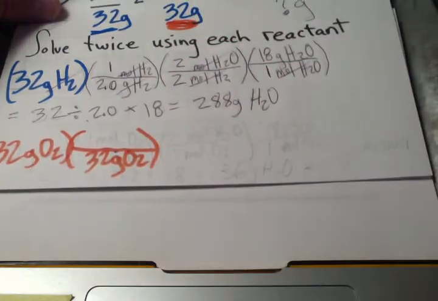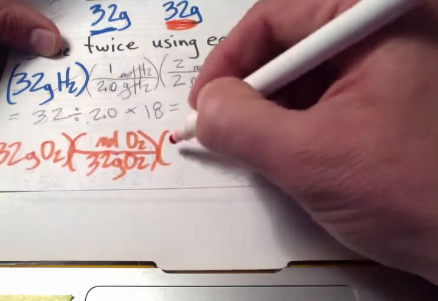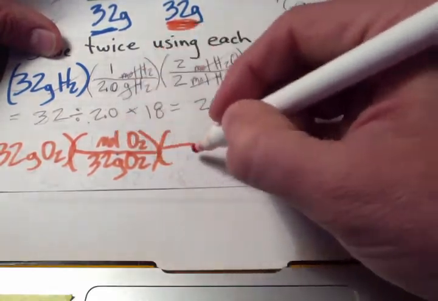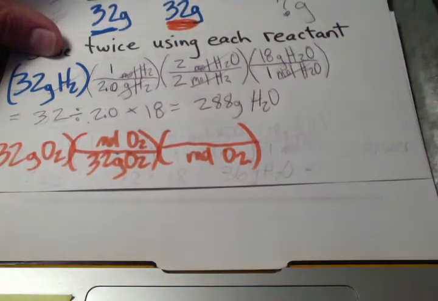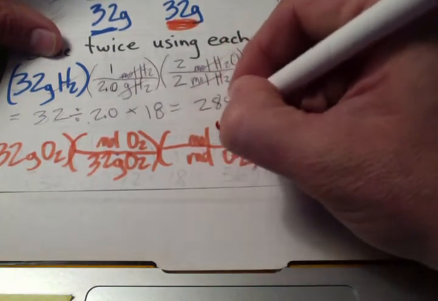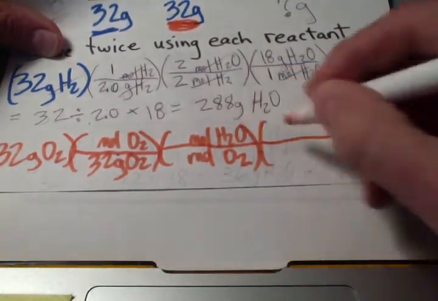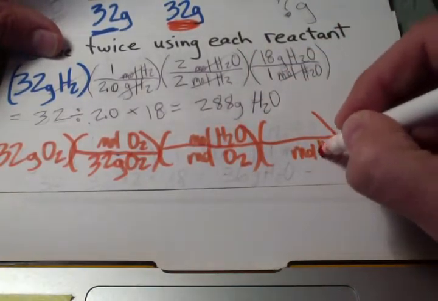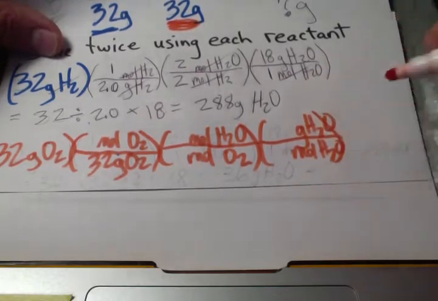Just drop it down, change it to moles. Still no thinking, drop it down. Have to think: moles of O2 can become moles of the unknown, water, become grams of the unknown.